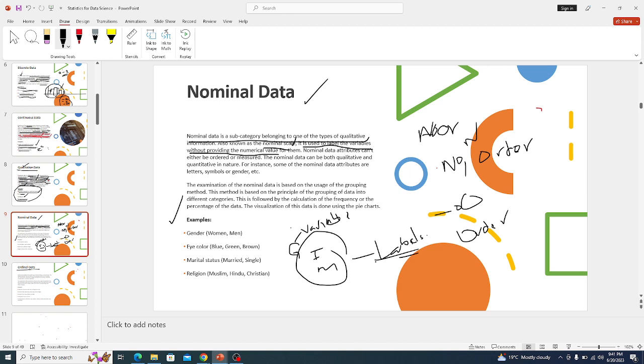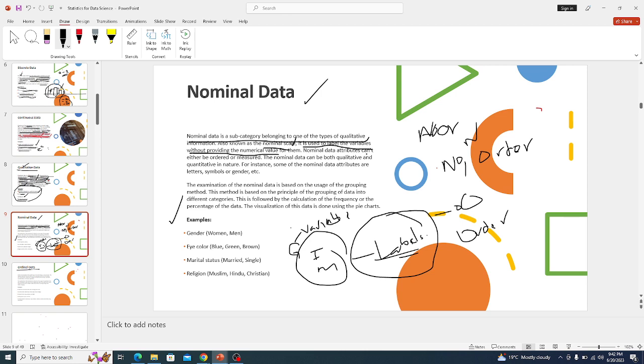And in machine learning, we also have labels and features, more so in the modeling part. So we've said that it is used to label variables, without providing any numerical value.